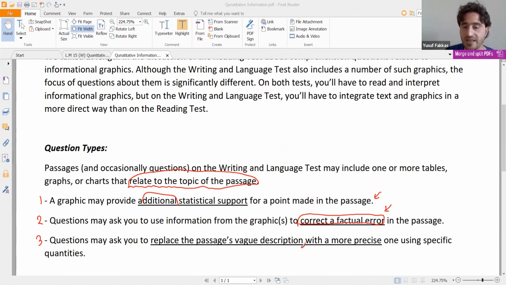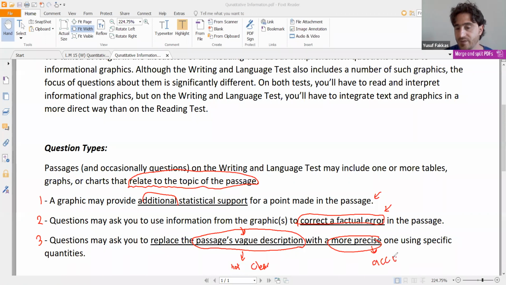So we have, for example, an underlined sentence in the passage talking about the graph, but the description that we have in this sentence is not clear. Okay, it's vague. So we should replace it with something more accurate, something more precise. Okay, so these are the 3 different types of questions we can have on graphics.